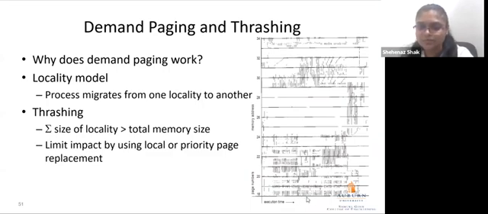As the process moves to the next stage, it is accessing this set of pages more. And as it moves to the end, it is accessing this set of pages more compared to any other pages. So the locality has shifted from this set of pages to this set of pages.